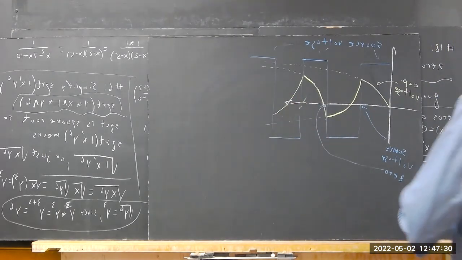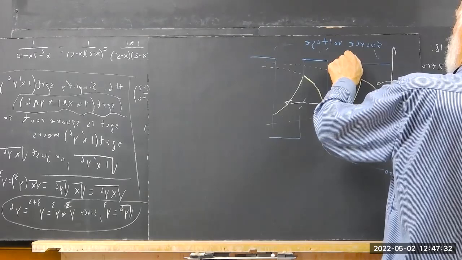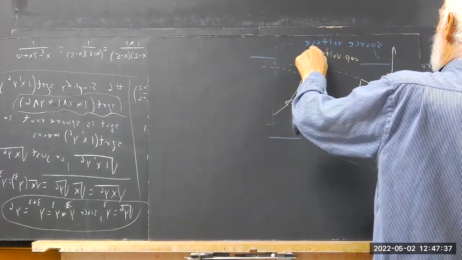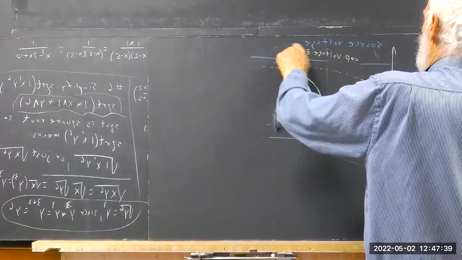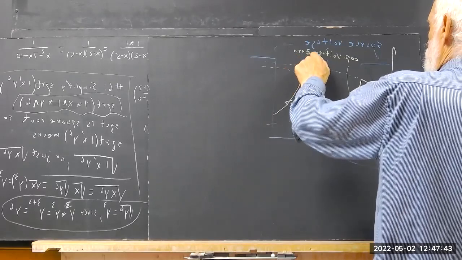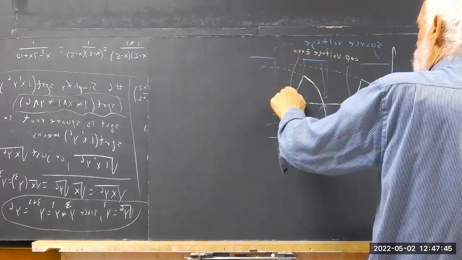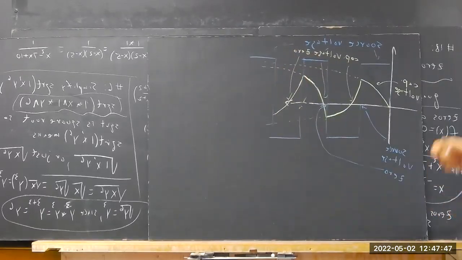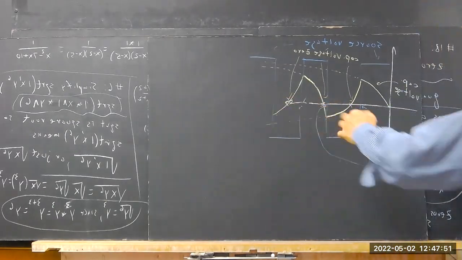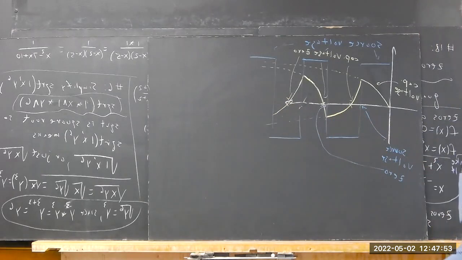Capacitor voltage zero. Well, that doesn't occur until here or here, and I haven't drawn this particularly well, but capacitor voltage is zero here and here and here. Of course, it'll be more consistent, but you get the idea.